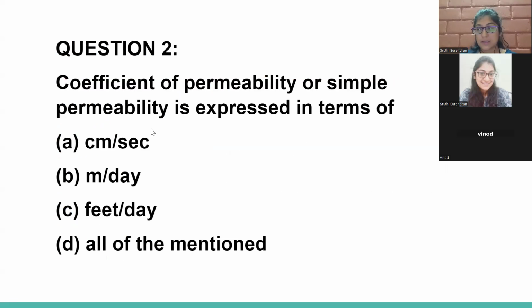So moving on to the next question. You can put in your answers in the chat box. Coefficient of permeability or simple permeability is expressed in terms of what unit?